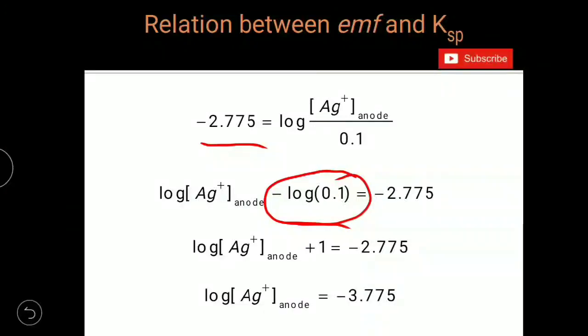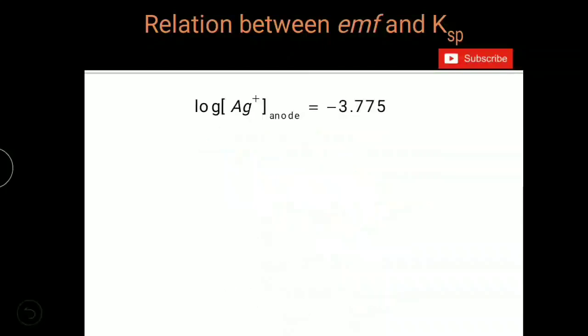Then log silver ion concentration at anode will be equal to minus 3.775. And to get the silver ion concentration at anode, which has the sparingly soluble salt silver chromate, we need to apply antilog on both sides. And you will get silver ion concentration at anode is equal to 1.679 into 10 power minus 4 molar.